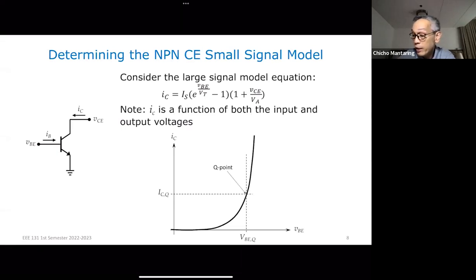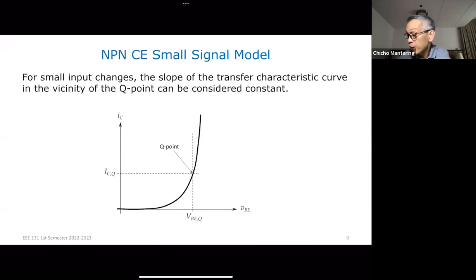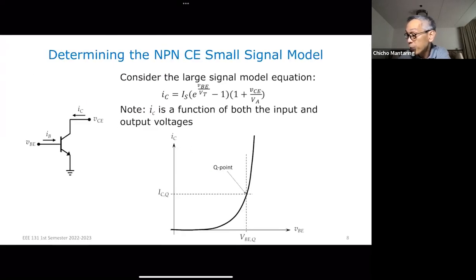But in this particular case, what we're plotting is the output current versus the input voltage. Okay. If I plot this, I neglect for the meantime early effect. So wag muna natin i-consider to. Okay. So let's just consider this first to be negligible.